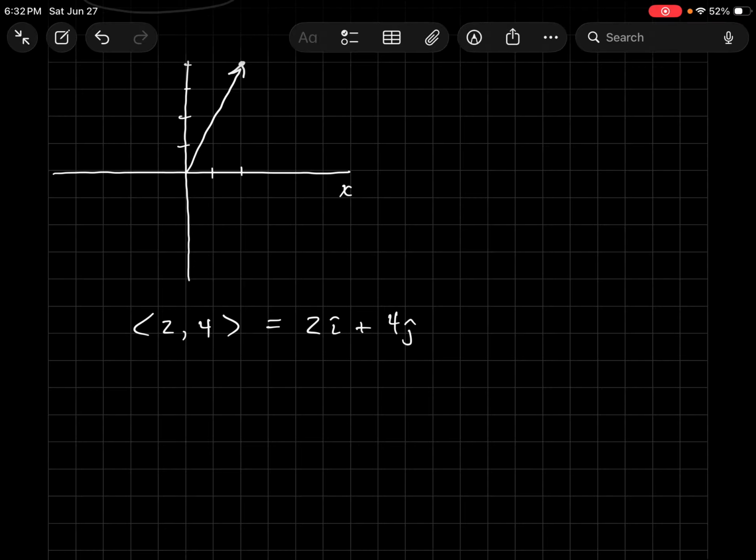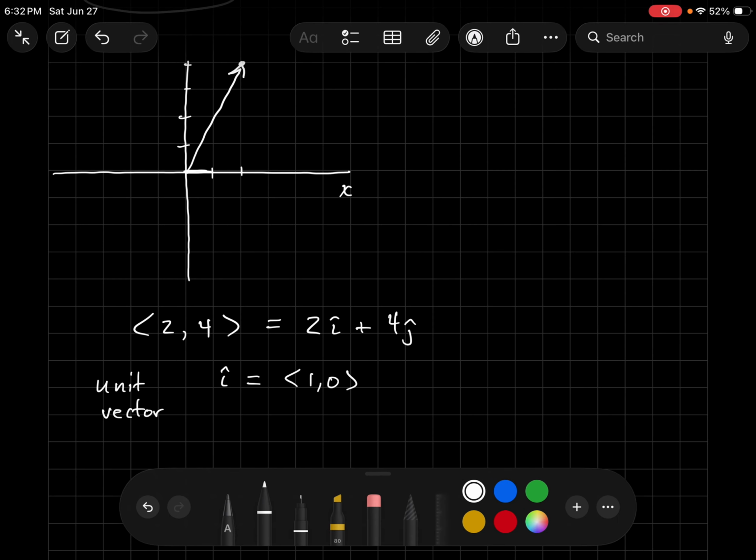Well, what does that mean? i is what we call a unit vector. A unit vector is a vector with a magnitude or length of 1. And very specifically, i is the unit vector 1, 0. That is, it's this vector down on the x-axis.